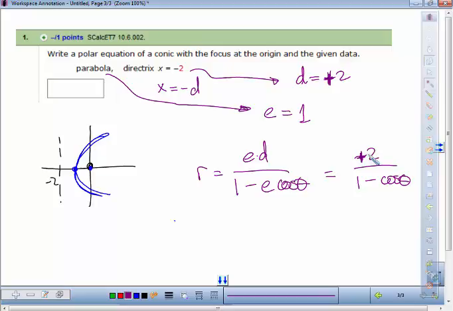So when you're doing these things and choosing which of these formulas to use, it might be good to graph it to make sure that you get the correct answer. So it looks like it's a positive 2 that we want to put in, because our d is actually positive 2. Our directrix equation says x equals negative d, and since this is negative 2, our d must equal a positive 2. So that should be our equation.